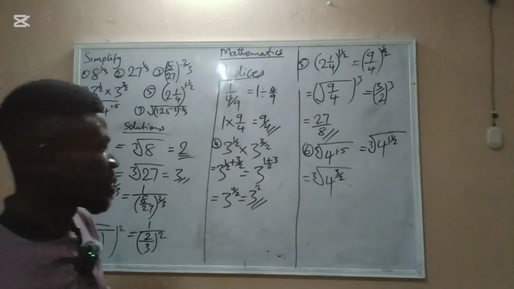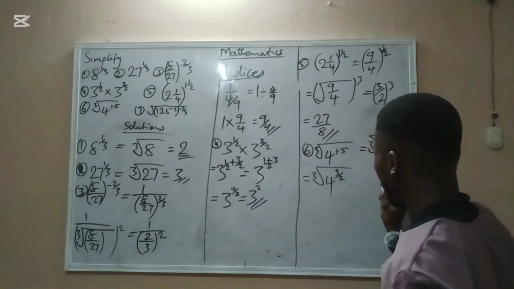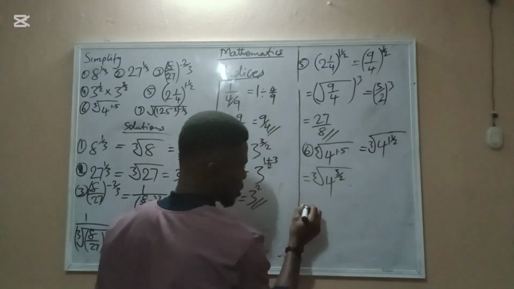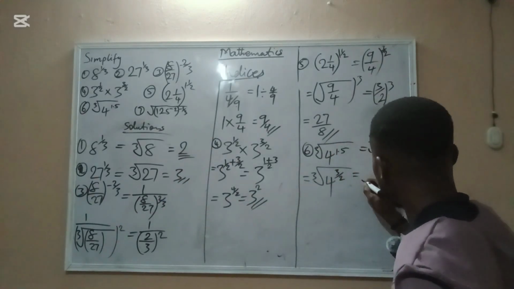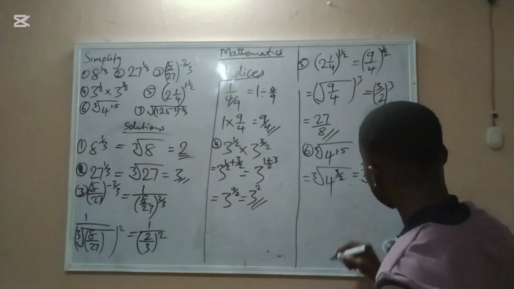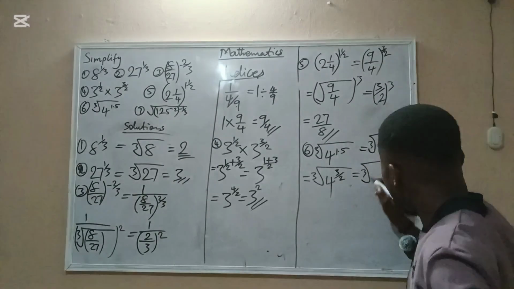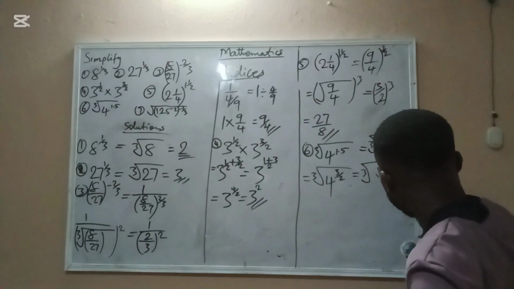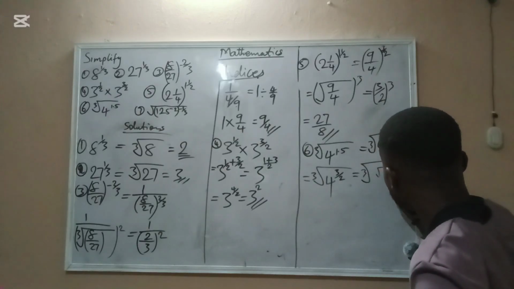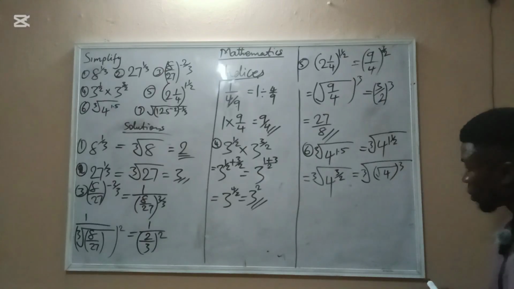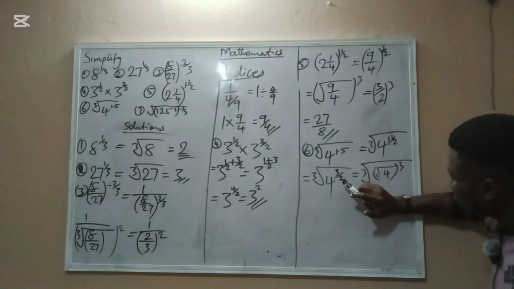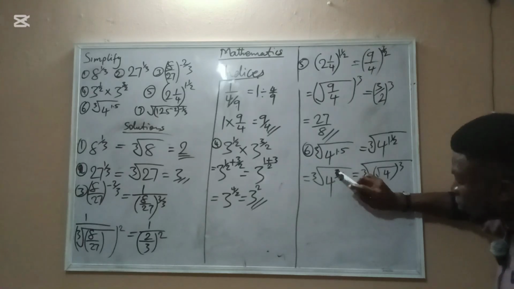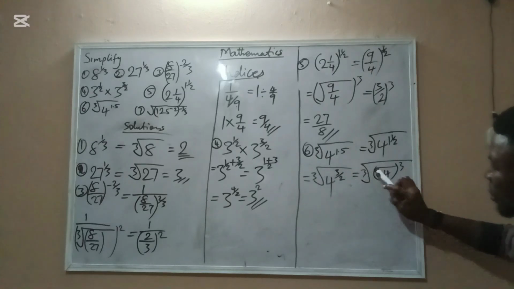You see that? And this is the same thing as cube root of square root of 4 to the power 3. What do you notice here? This square root of 4 to the power 3 is the one inside that general cube root.